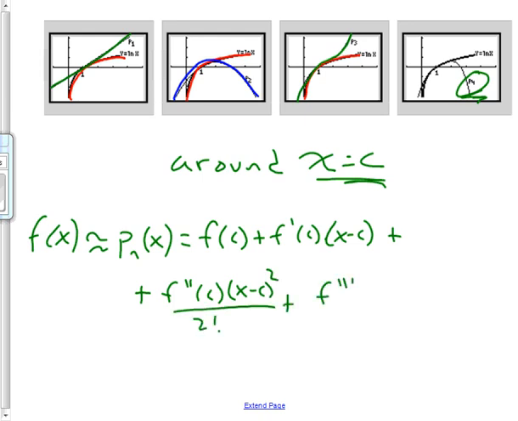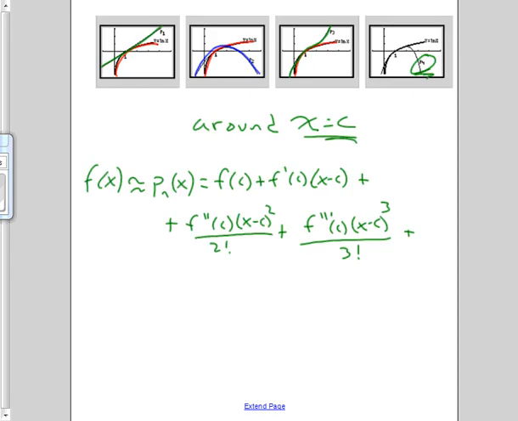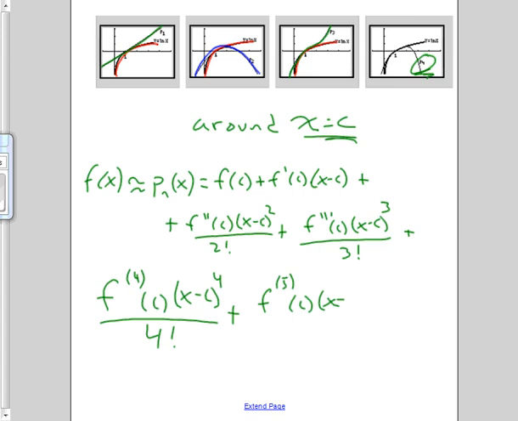f triple prime of c times x minus c cubed all over 3 factorial plus, I'll extend it just for 2 more of these, the fourth derivative of c times x minus c to the fourth all over 4 factorial plus the fifth derivative at c times x minus c to the fifth all over 5 factorial plus dot, dot, dot.